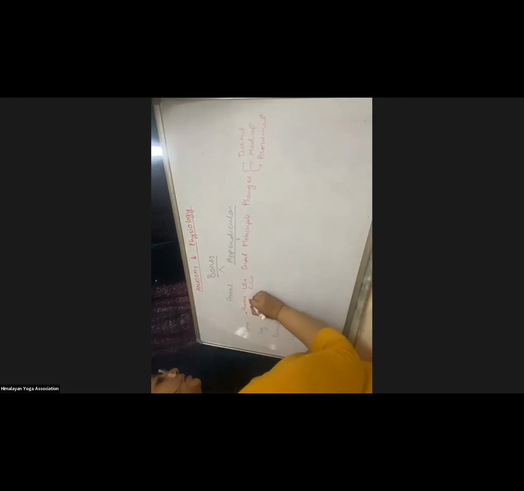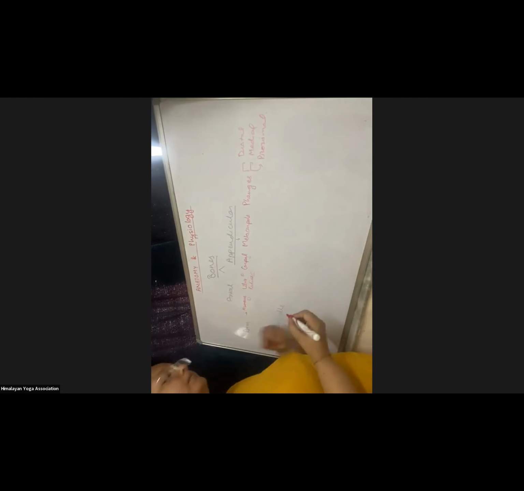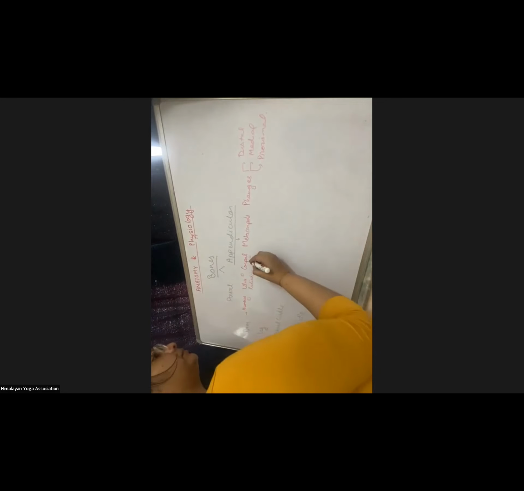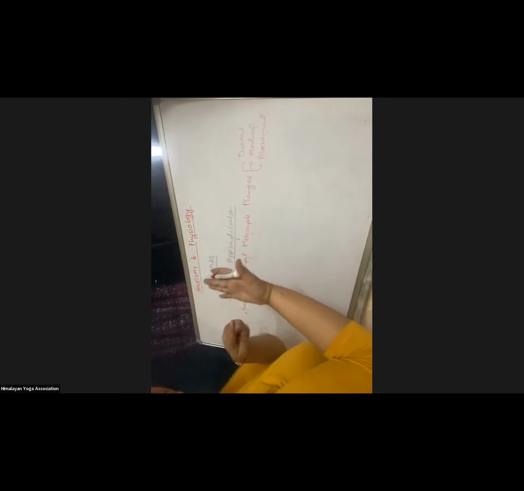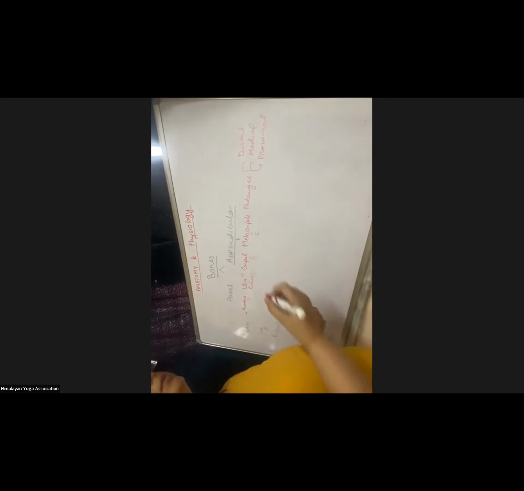Okay. Humerus is 1, ulna is 1, radius is 1. How many carpals do we have? We have 8. Metacarpals? 5. Yes, 5. Phalanges? 4 times 3 plus 2.